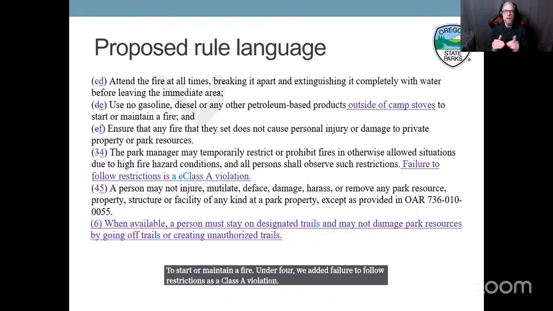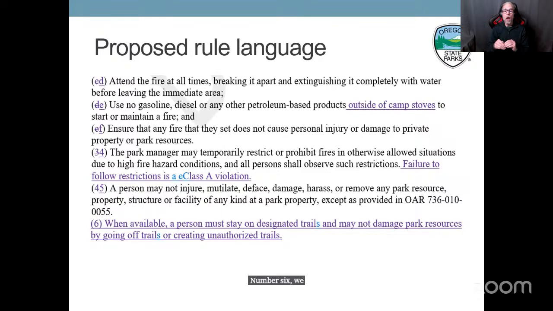Number 6, we added when available, a person must stay on designated trails and may not damage park resources by going off trail or creating unauthorized trails.